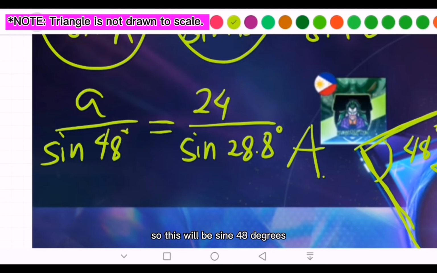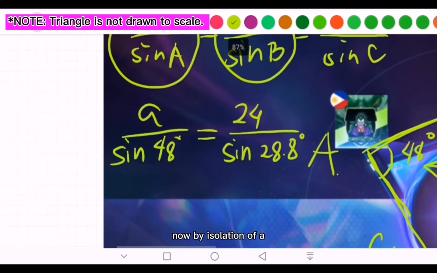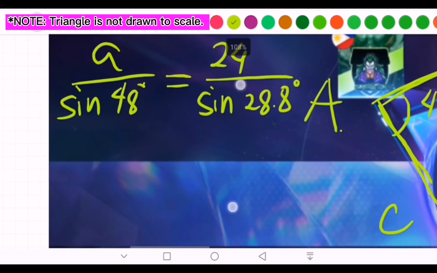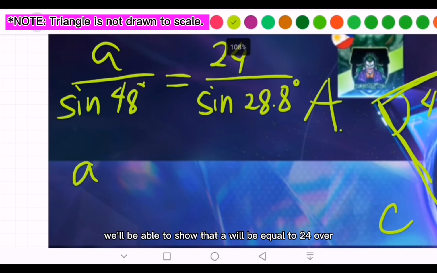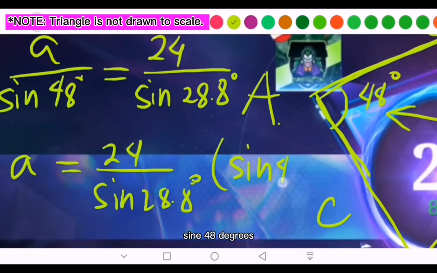By isolating a, if we multiply both sides by sine 48 degrees, a will be equal to 24 over sine 28.8 degrees times sine 48 degrees.